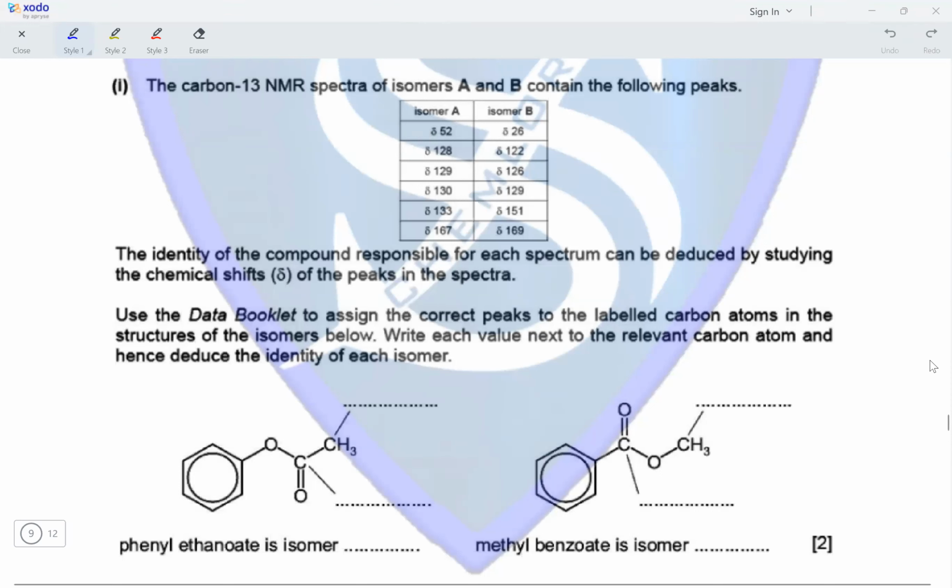So if we look at both these isomers, the benzene ring is the same in both of them, and so is the CH3 group. But the differentiating factor is the position of the CH3 group, because in one of the isomers, the one on the left, it is attached to a C double bond O group.